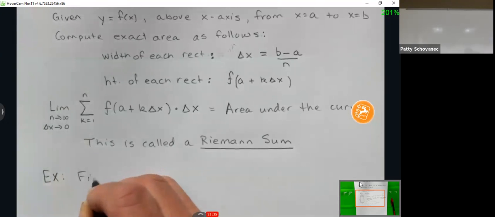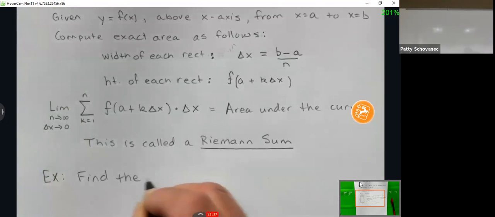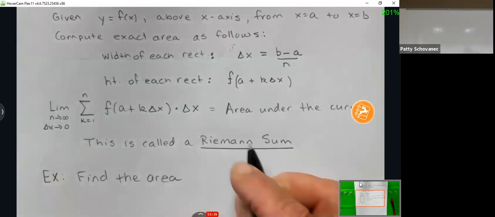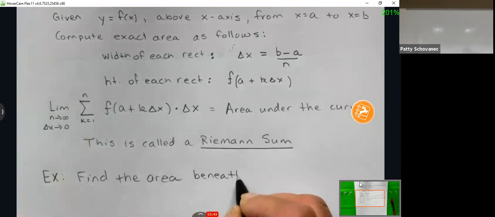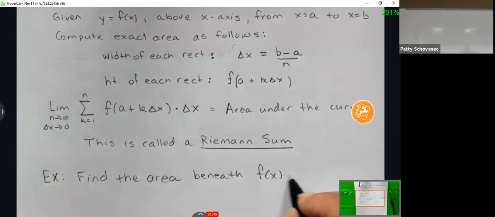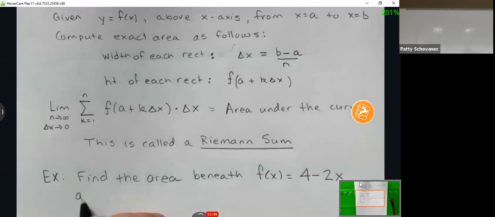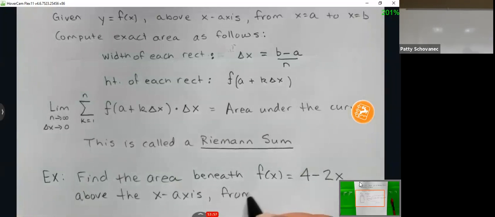Find the area beneath f of x is equal to 4 minus 2x above the x-axis from x is 0 to x is 2.